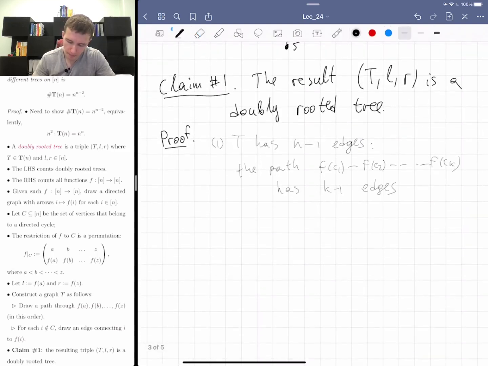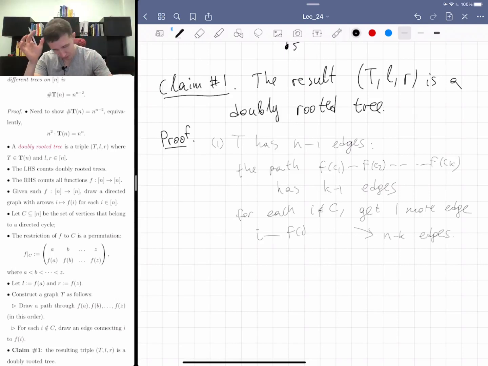And for each i not in C, I get 1 more edge, which connects i to f of i. So in total I get n minus k more edges, so the total number of edges is n minus 1.